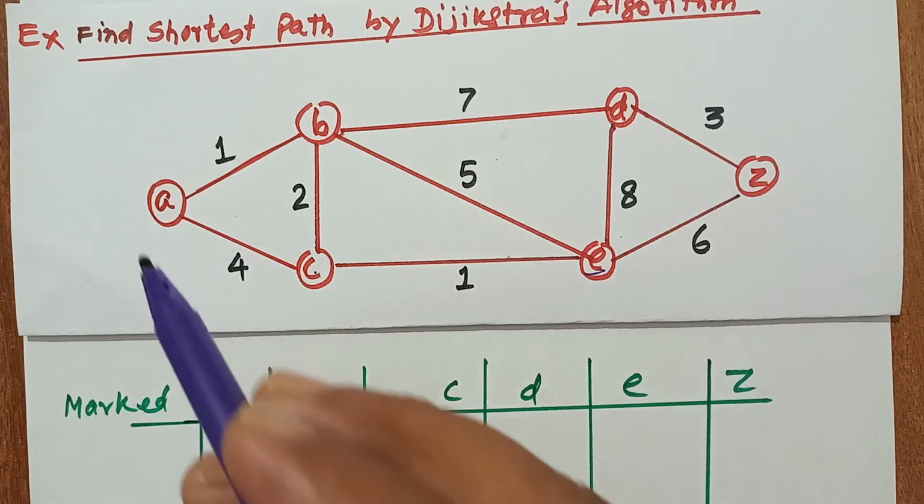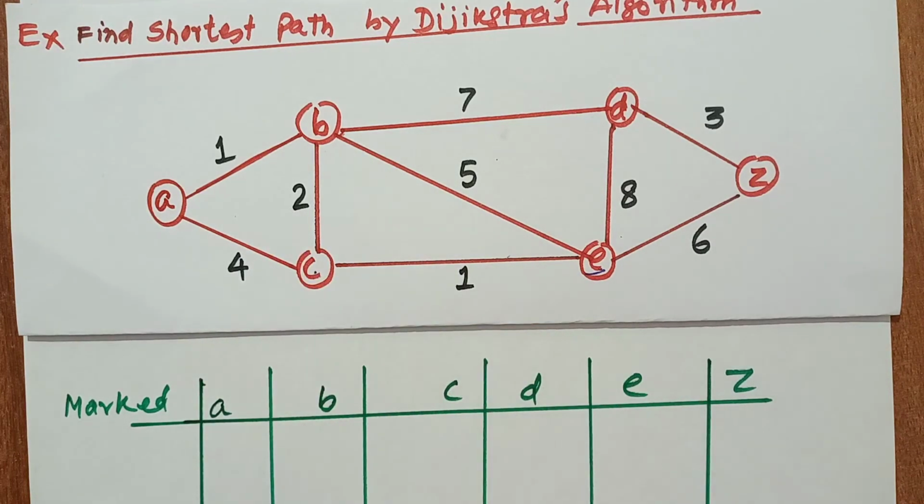There are no loops and no parallel edges, because the first step is to remove loops and parallel edges. So in this graph there are no loops and no parallels.